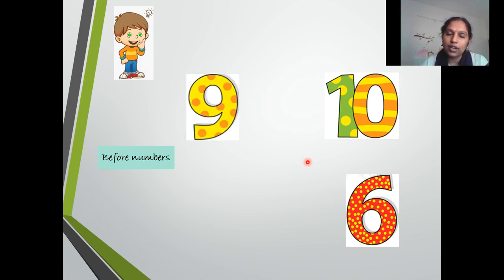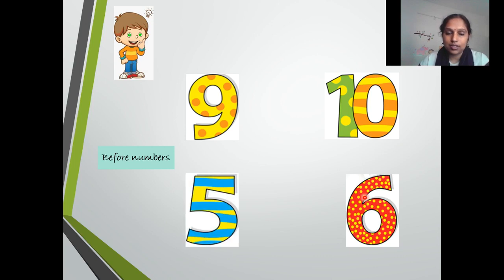Yes, 9 is the before number. What about this number? 6. Is 6 a one digit number or a two digit number? Okay, it is a one digit number and we are going to find its before number. What comes before 6? Yes, 5. Are you clear with this?